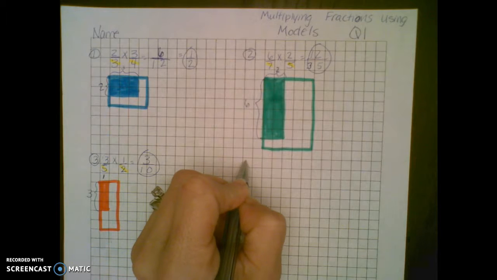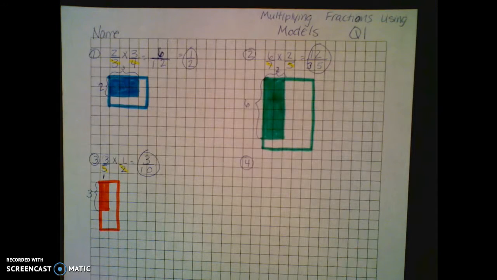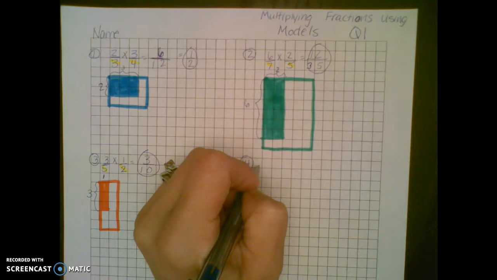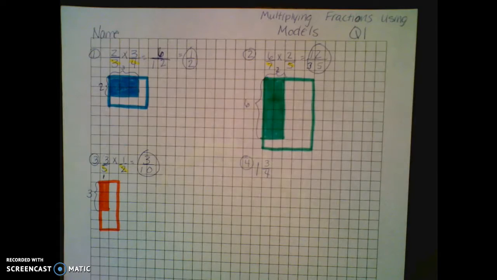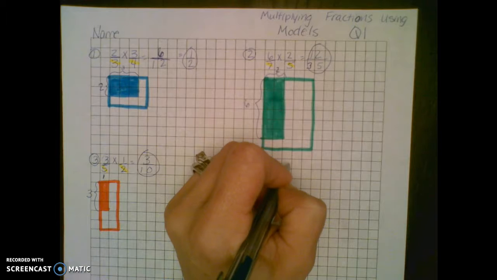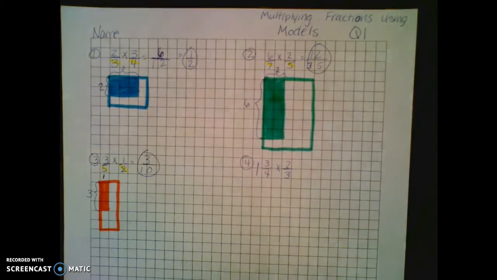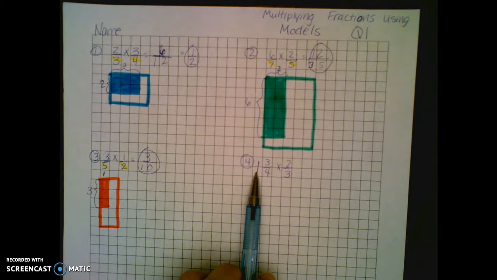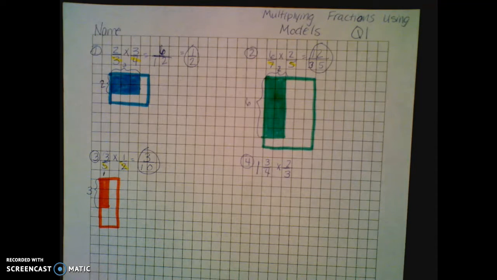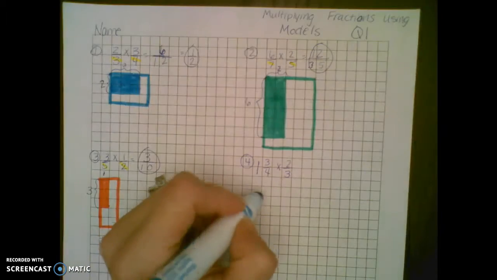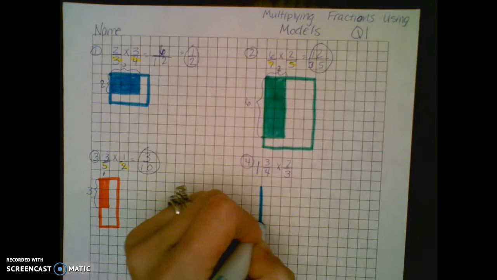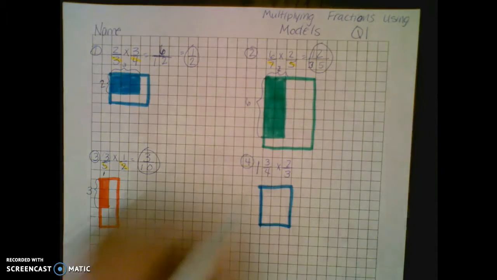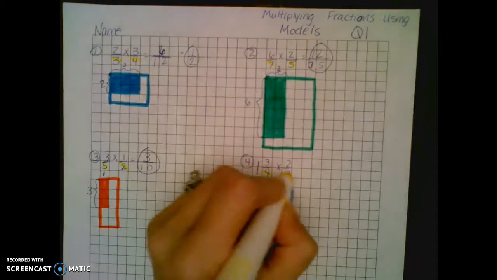Let's do number 4. This one's going to be a little different. You have 1 3/4 times 2/3. Looking here, I'm going to need more than 1 of my fourths squares represented. So I'm going to have fourths, 1, 2, 3, 4 by 3. Using my denominators, that would be the size of my rectangle.